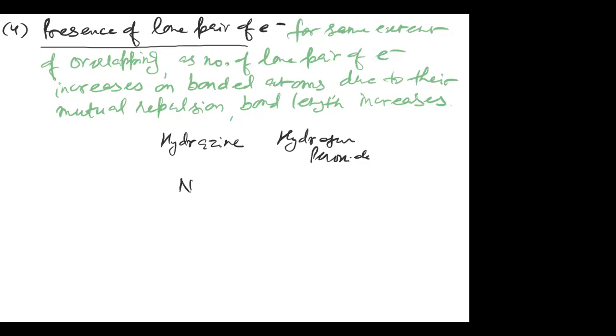In the case of hydrazine the molecule is represented as this, and in the case of hydrogen peroxide the molecule is represented as this. As far as bond length is concerned, it should be longer in hydrogen peroxide due to lone pair repulsion, and the values are found to be 145 picometer and 148 picometer. So this is just the order of the bond length.